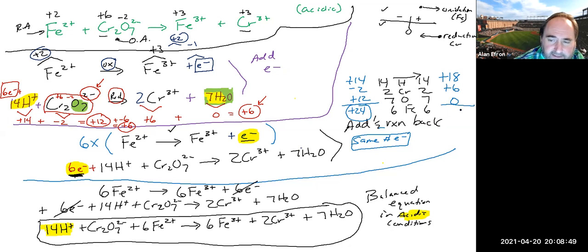Adding that together, 18 and 6 is plus 24. We are balanced correctly in this case, both ways. We are balanced by the number of elements on each side and the charge on each side. It equals each other. Again, it doesn't equal 0 as you can see, but it does equal each other. Question on that?